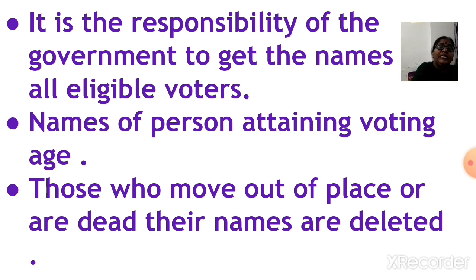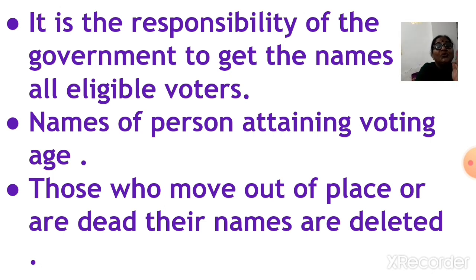You must have seen, before election, people come to your house and if your parents' names are not there in the voters list, they help to add their names. Your name will not be added, okay? The reason is you're not yet 18 years of age. Then whose names will be added?